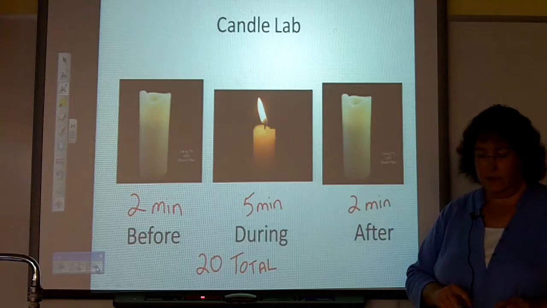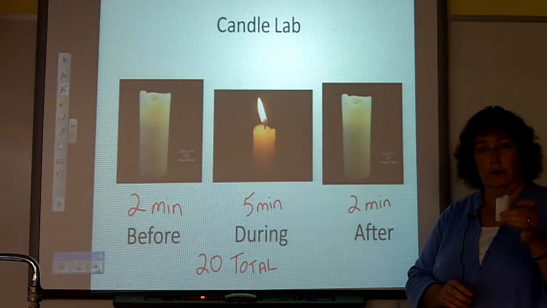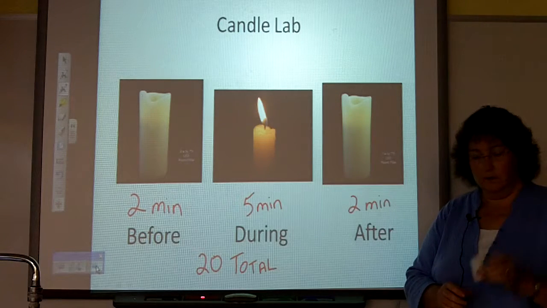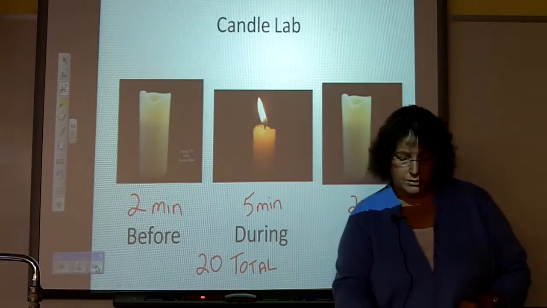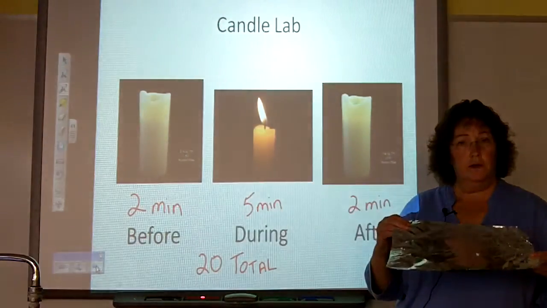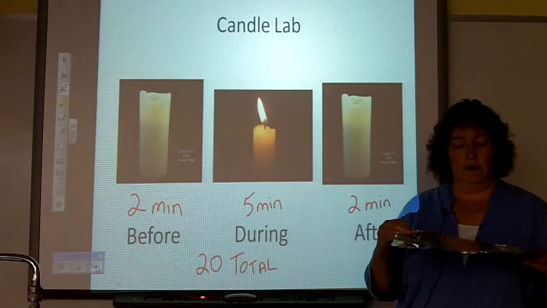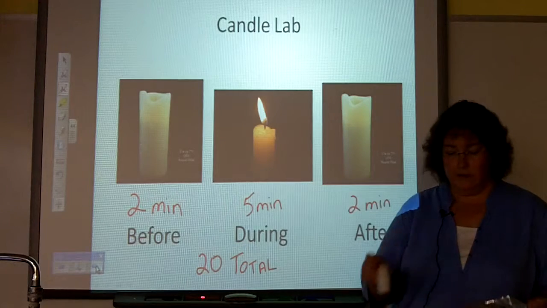All right, some things to think about with this lab. First of all, check with your parent or guardian about the candle you use. Check to make sure it's okay to use it. Two safety precautions. Put that candle on some tin foil or something else that can't catch fire. It also helps to catch any wax that might drip.